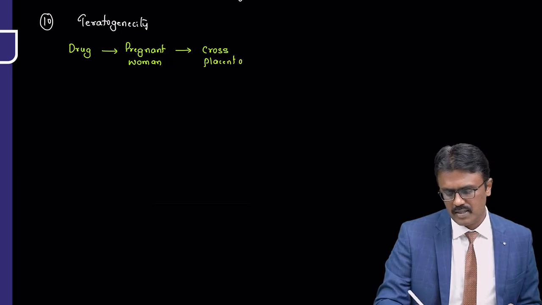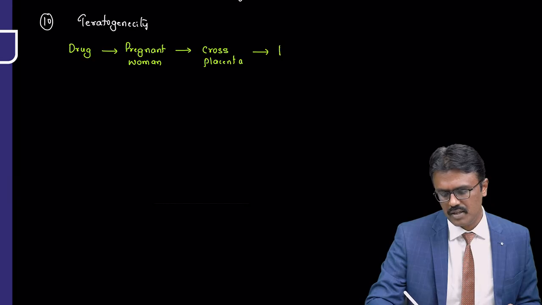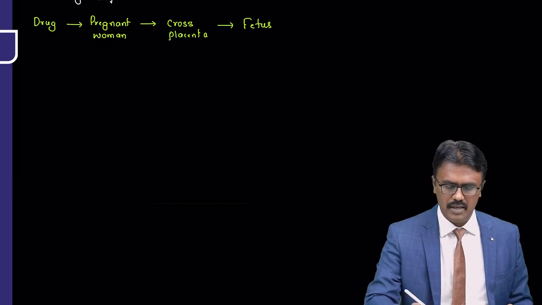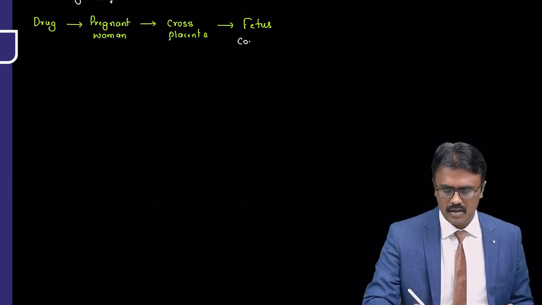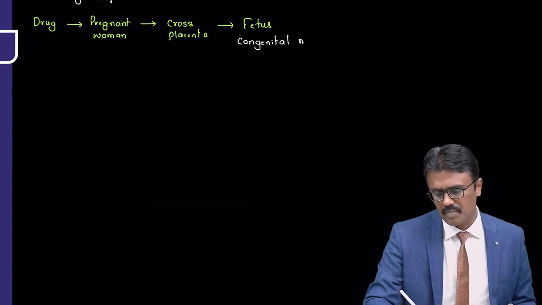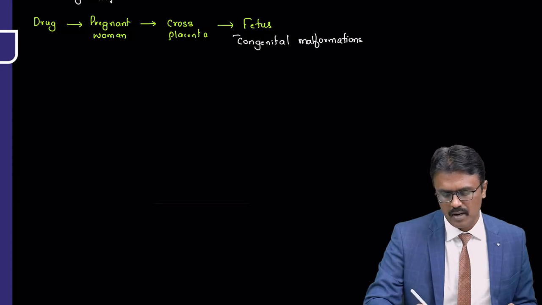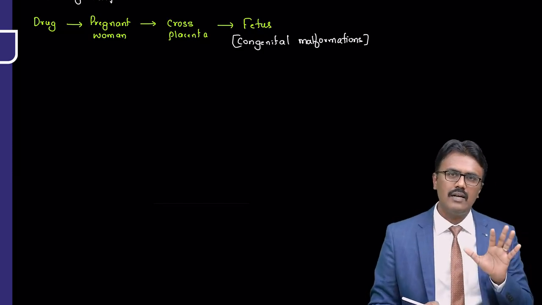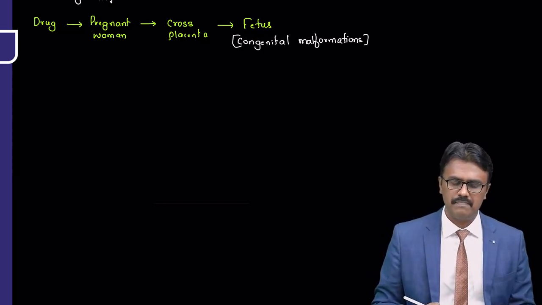When it crosses the placenta, it will reach the fetus. Now when it reaches the fetus, it can produce congenital malformations. It can produce congenital malformation in the fetus. And that is called teratogenicity.